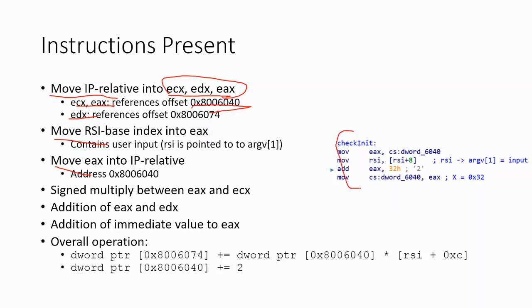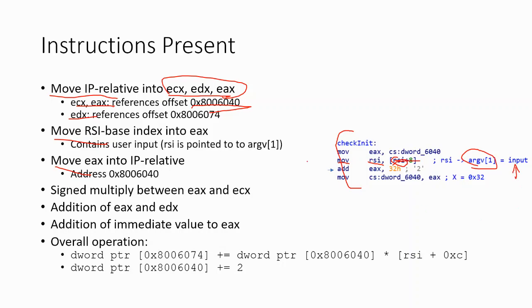This piece of code here is executed at the very beginning. What happens at first, in the entry, is RSI is set to argv, and then the value at RSI plus 8 is moved into RSI. Remember this is 64-bit, so RSI plus 8 is actually argv[1]. This is the input that you supply on the command line.